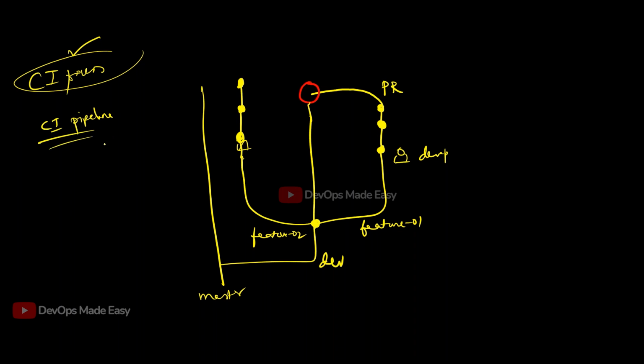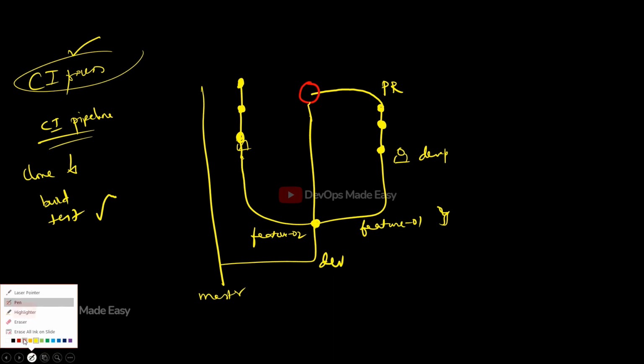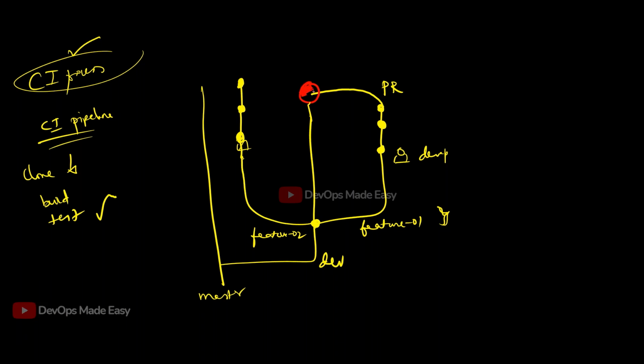It will clone the feature branch, build, and test. If test cases pass, then this pull request is closed, his changes are merged to the development line, and this branch is removed.